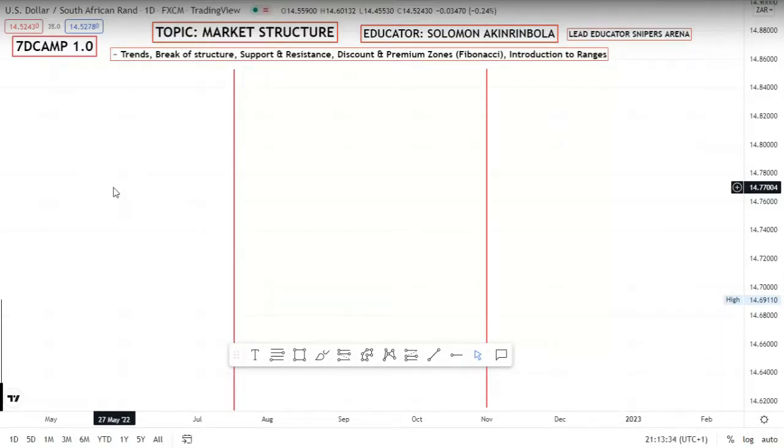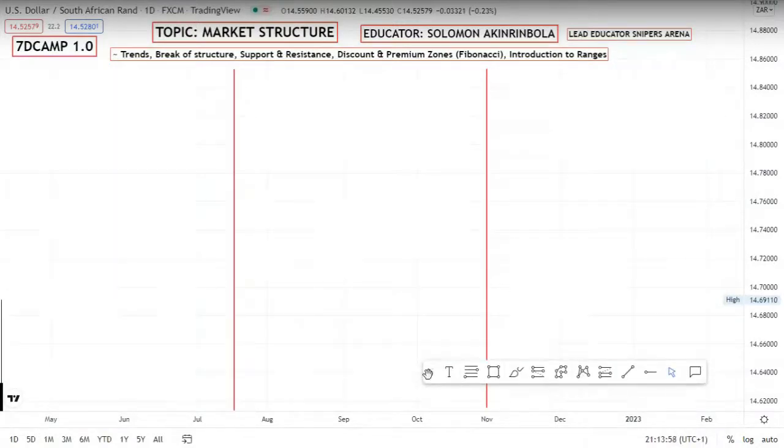So I have a topic right before me, market structure, and it's broken down into different subtopics: trends, break of structure, support and resistance, discount and premium zones, looking at Fibonacci's, and an introduction to risk-to-reward. These are awesome topics that I believe we all need to understand when we're trying to trade the forex market.